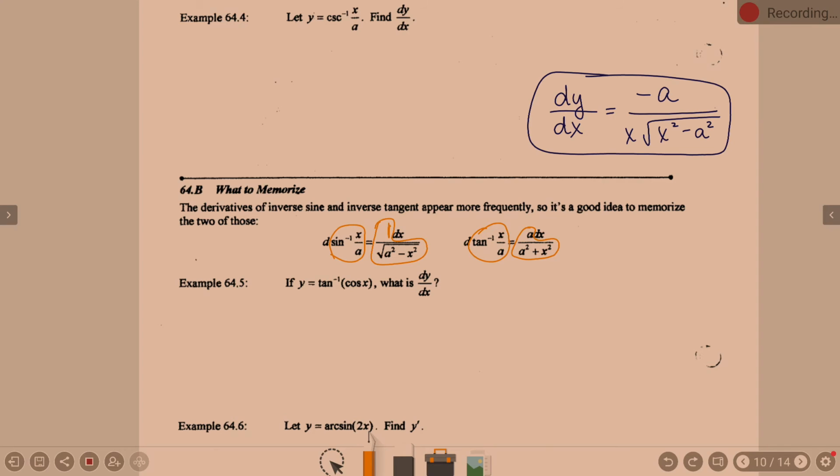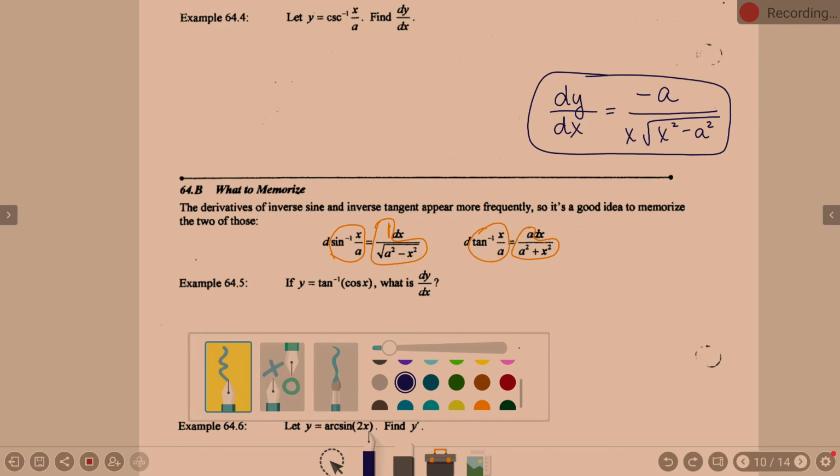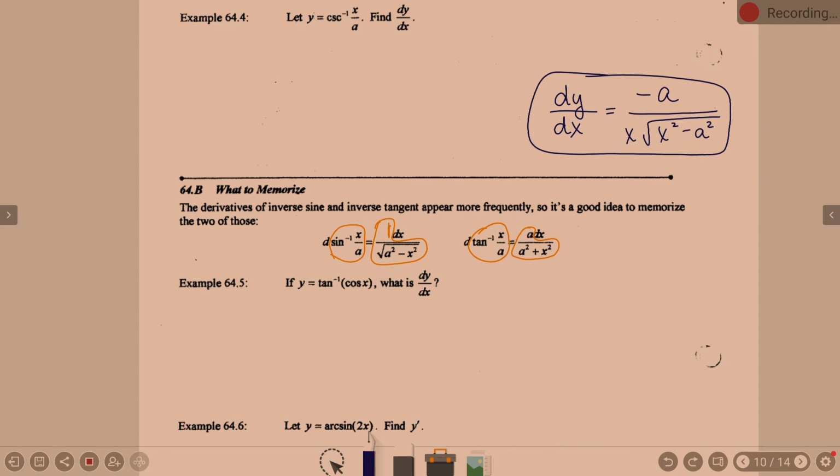If y is tangent inverse of cosine x, we're going to get fancy right off the bat. What is dy dx? So what is the derivative? Okay, there's my start. dy dx equals.